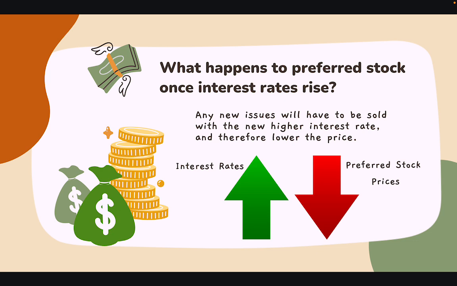And as interest rates fall, bond prices rise. So any new issues will have to be sold with the new higher interest rate and therefore a lower price. So preferred stock behaves very similarly to bonds when it comes to interest rate changes.